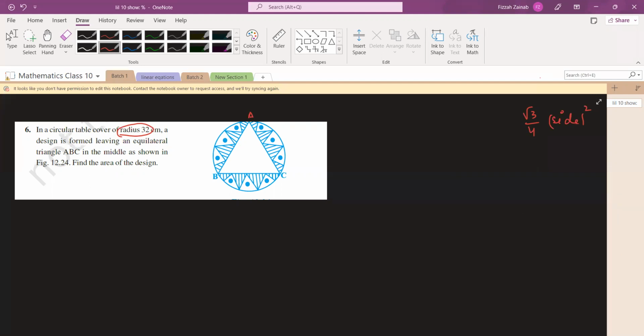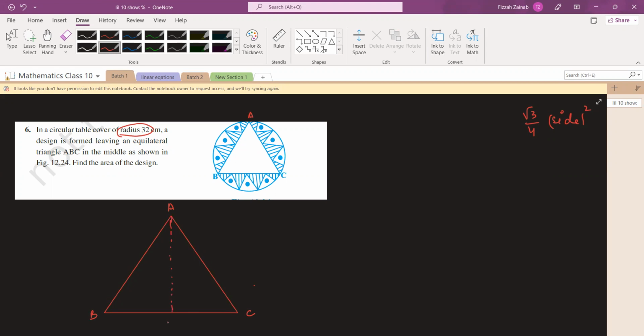So the problem here is to find this area. So A, B, and C. This is an equilateral triangle. So you need to do one construction. We drop a median, right? We draw a median.